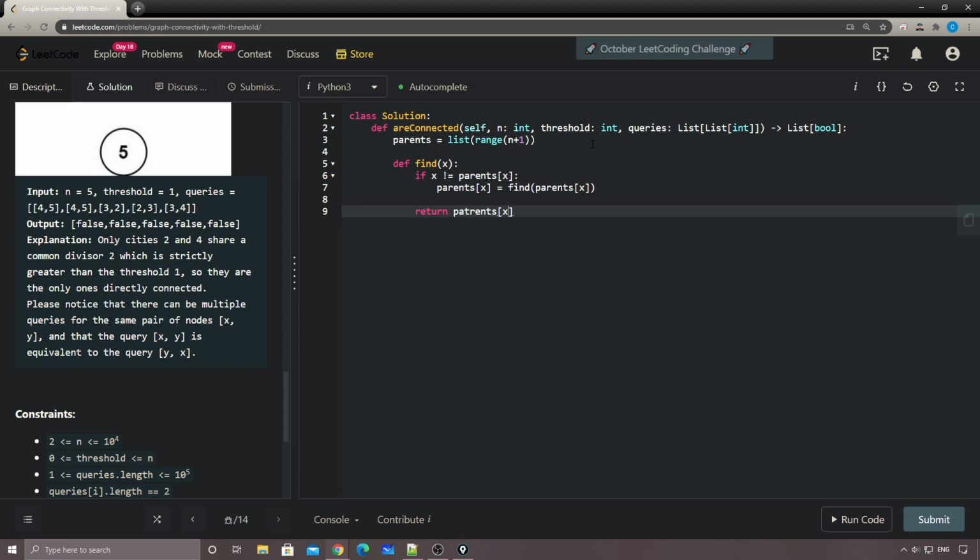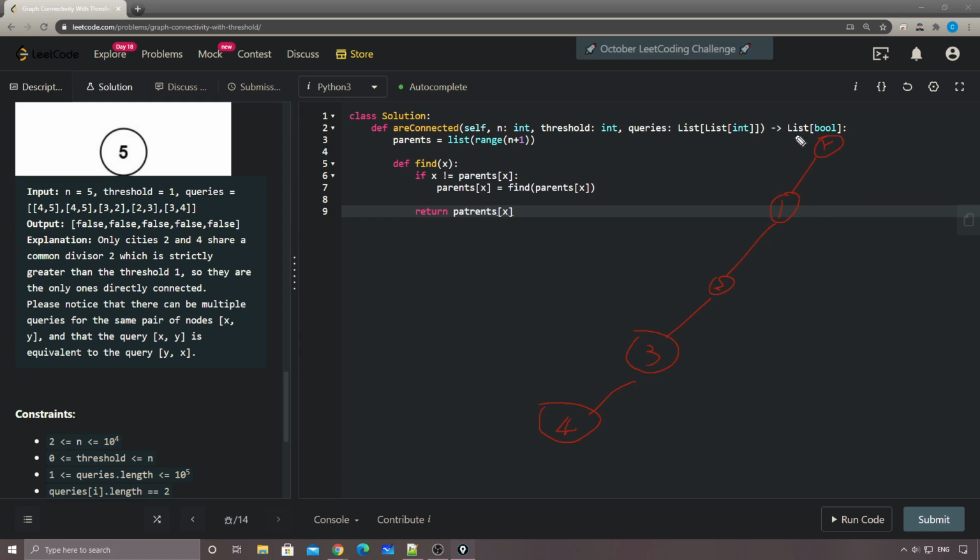A path compression is like this. I think I have explained it a few times. For those who are seeing union find or path compression for the first time, let's say we have a list here. We have a root, and here we have node 1, node 2, node 3, and node 4.